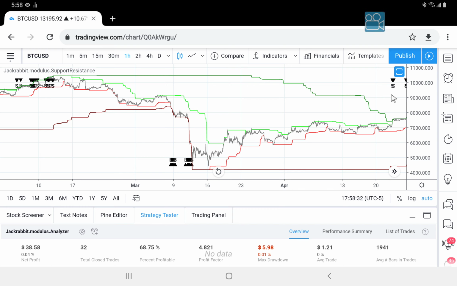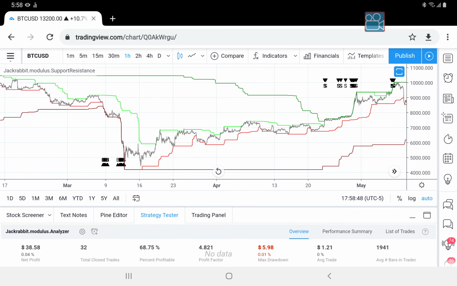And this isn't even using anything else but just support and resistance. Not bad, and quite frankly, something I would even be willing to put a few dollars in. This looks quite reasonable considering what the market went through. So even in the worst case situation, this does extremely well.